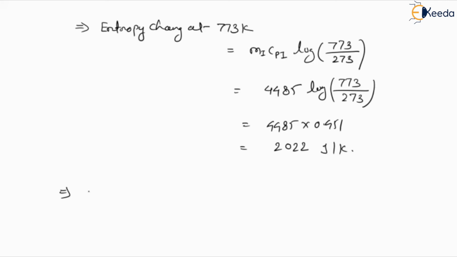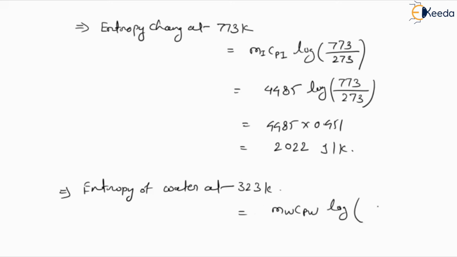Now let's define the entropy of water at the minimum temperature, that is 323 Kelvin. It will be MW CPW into log 323 divided by 273. So we have to solve this equation.